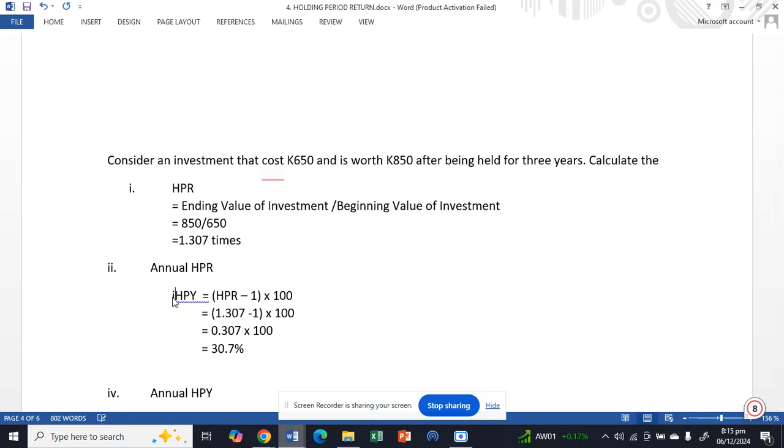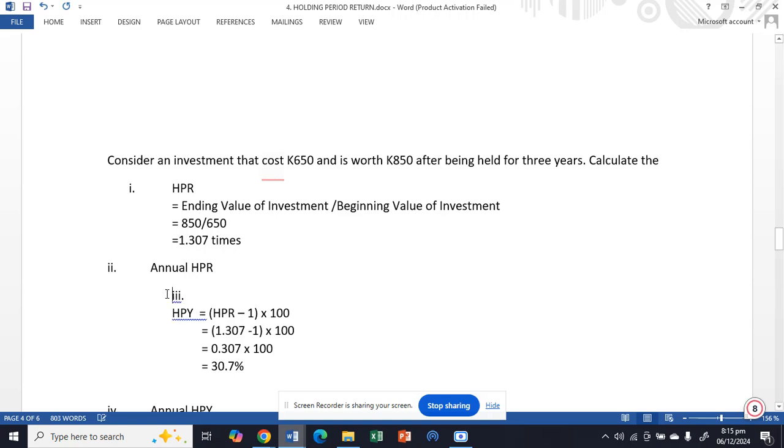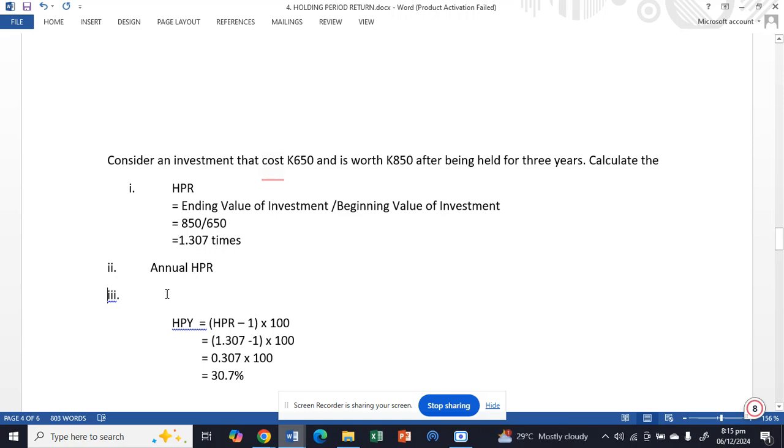So that's the holding period yield. Now, the HPR and HPY give us the overall time. This investment has been held for 3 years. So after 3 years, our investment grew to 1.307 times its original value.